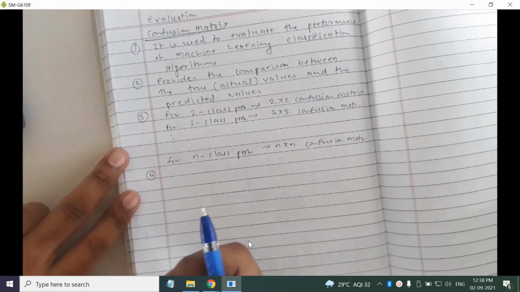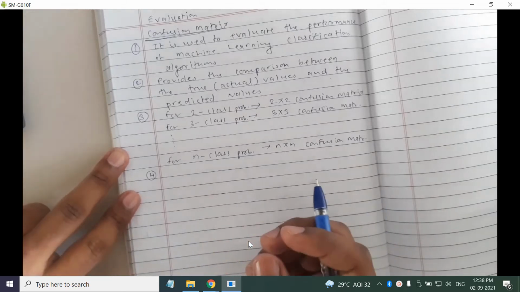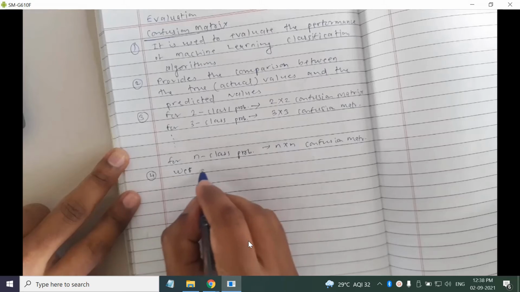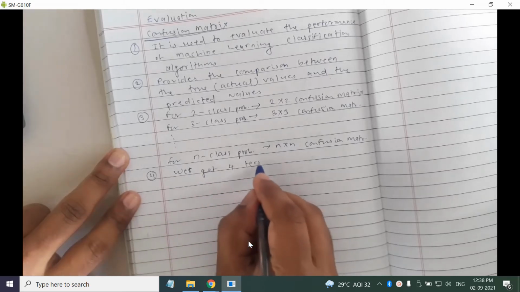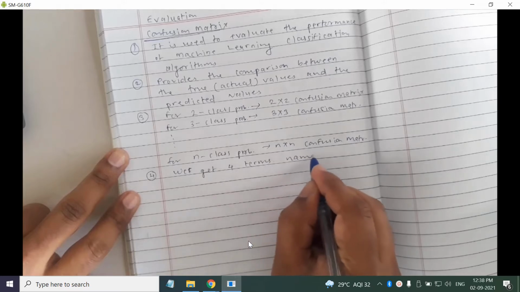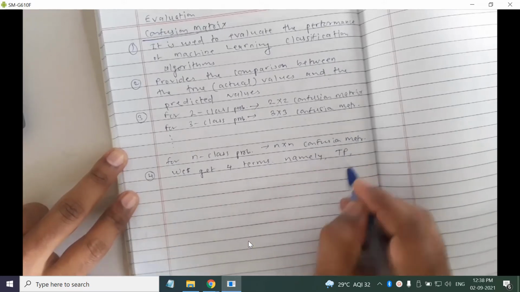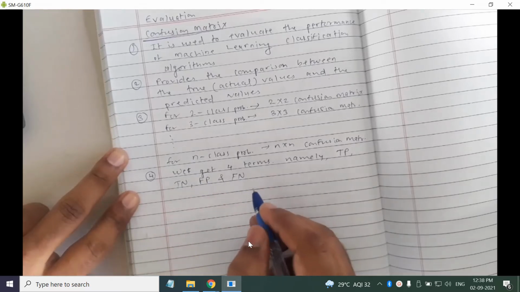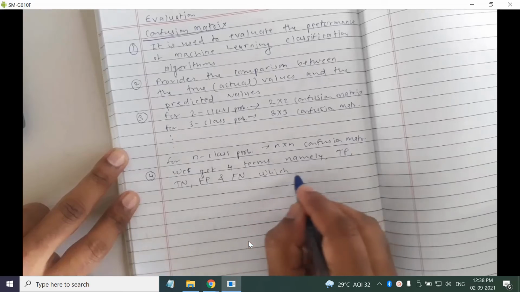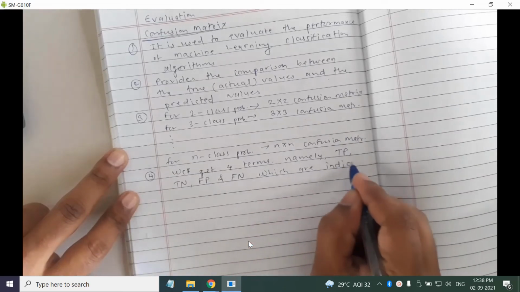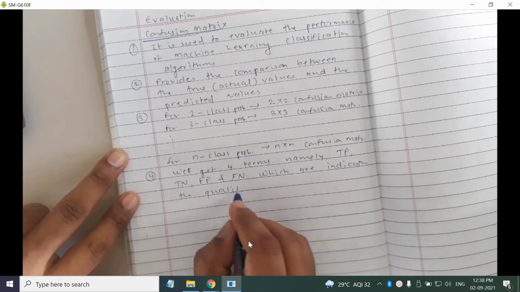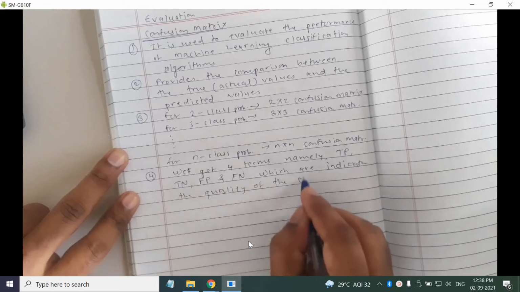And which values do we get in a confusion matrix? We get 4 terms, namely TP, TN, FP and FN, which are the indicators of the quality of the classification algorithm.